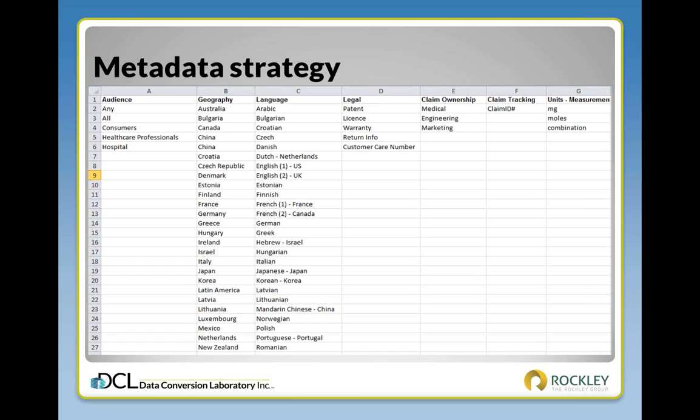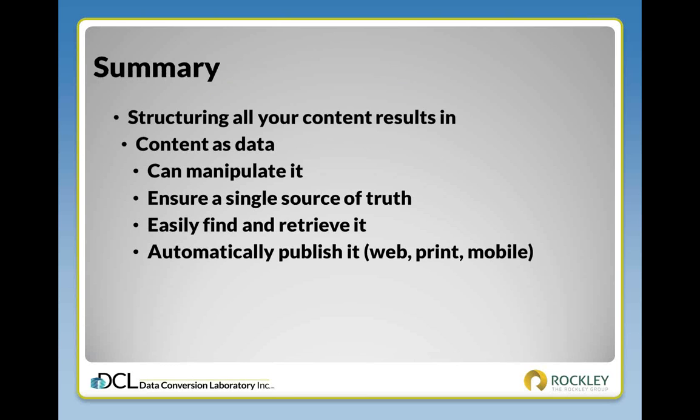You can have French as in France and French as in Canada, etc. Who has control over this content? Is it patent information? Is it license information? What kind is it? What legal information? How about who owns the claim? And so they're changing it. What's the claim ID? What are the measures for the content that we're trying to track? Next slide, please.